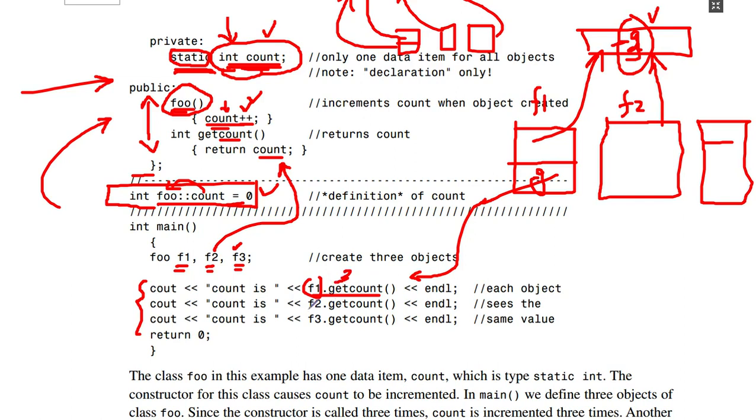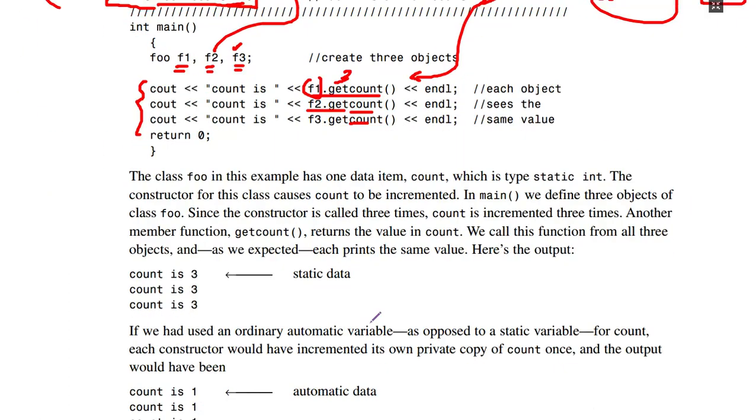If you say f2 dot get count, the member function get count of the f2 object is executed. It returns the value of count, which refers to this same variable, so it returns 3. So all three times it would print the value 333.